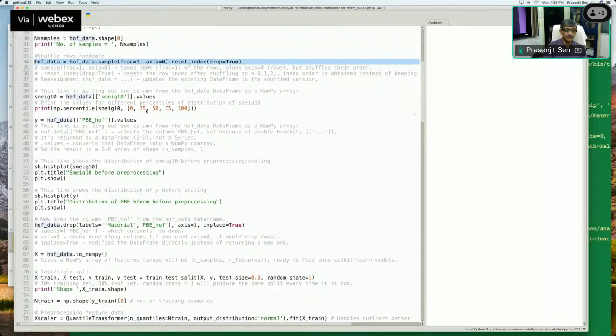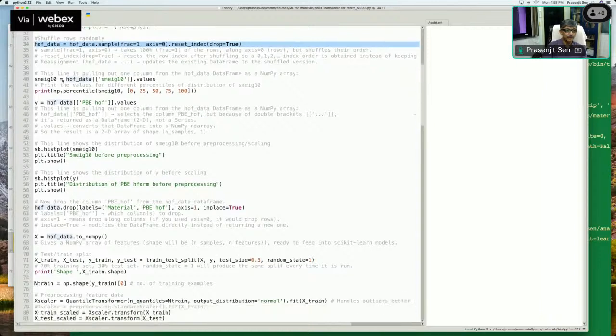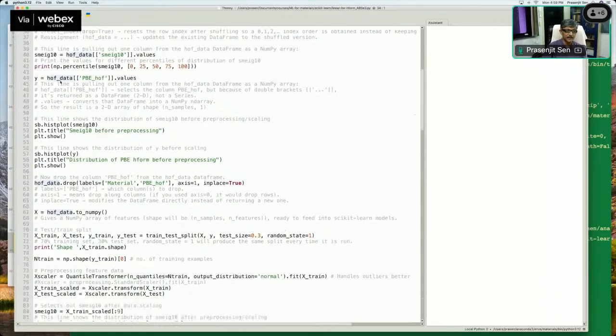I can maybe show you this thing. What I have done here is that the 10th eigenvalue of the sine matrix is being read in from the data frame.